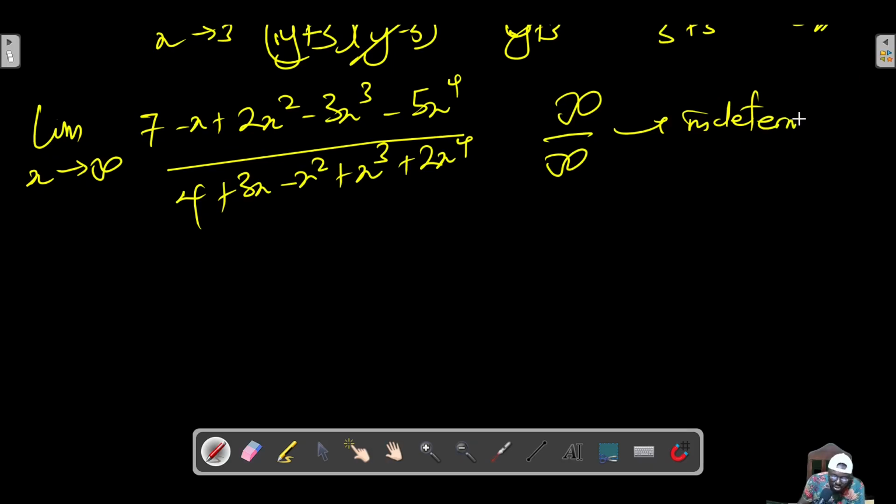But there are actually two ways of evaluating such a limit. One is dividing through each term by the term with the highest degree of the independent variable, right?